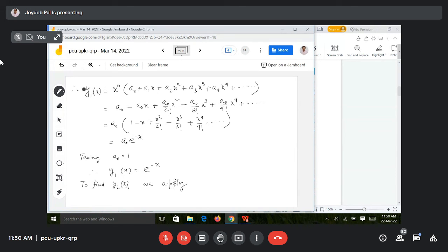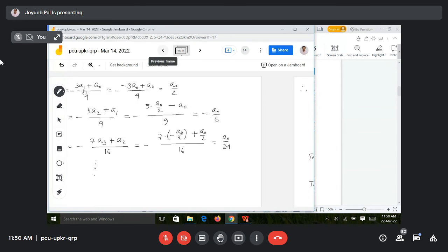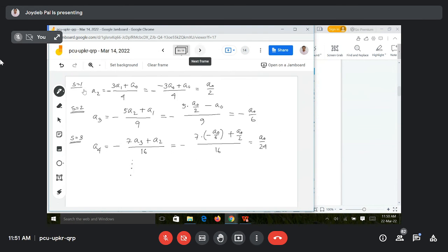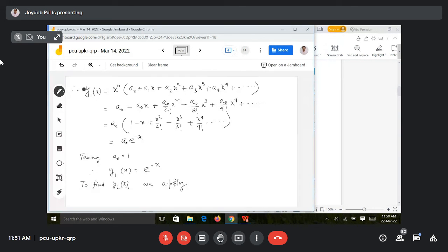It depends on the roots of the indicial equation. If the roots are a double root, or if the roots differ by an integer, in that case we will use the reduction of order technique to find the second solution. That I told you now. Is it clear when we need to apply this reduction of order technique?